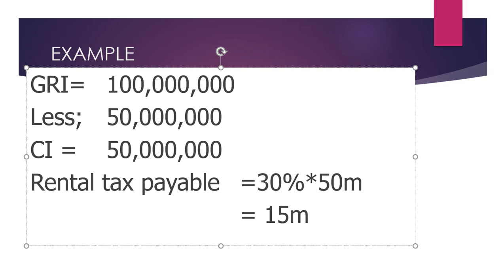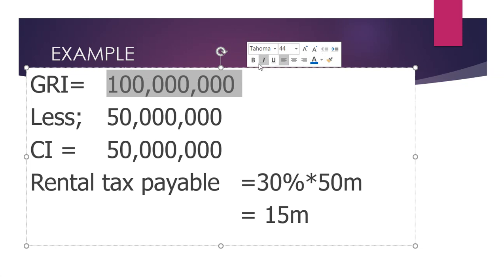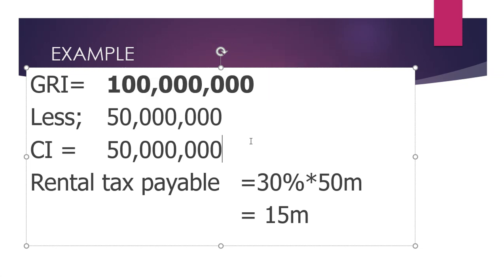That is now the rental income tax for a person getting gross rental income of 100 million. I mean specifically a company getting rental income of 100 million.